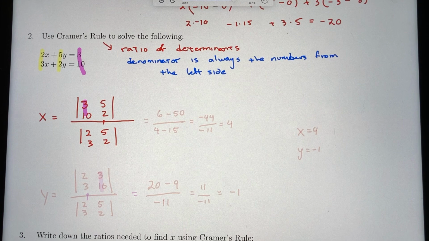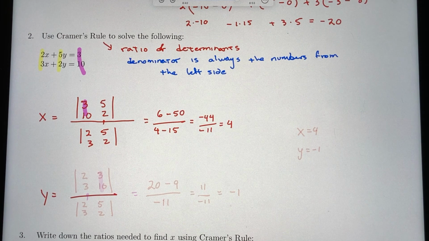And I'm going to do that determinant. So 6 minus 50 over 4 minus 15. X is 4.